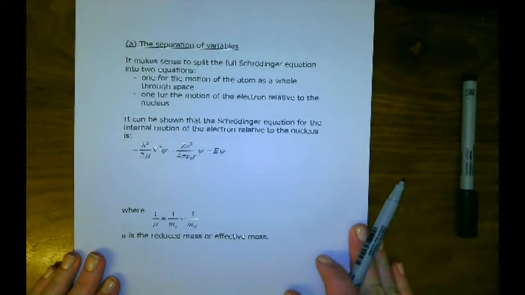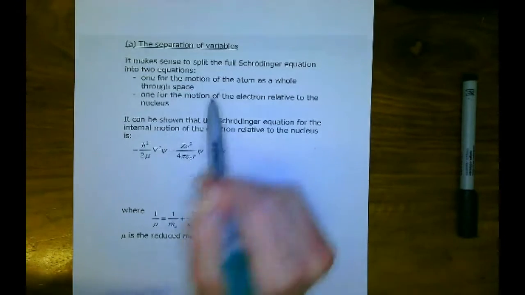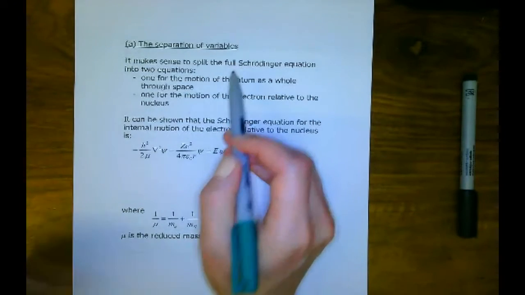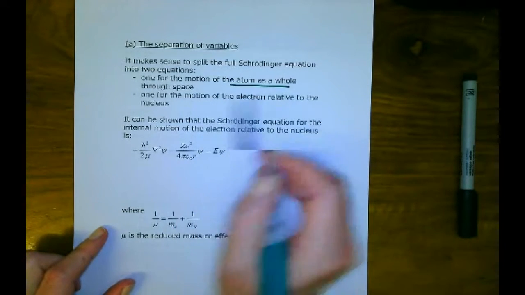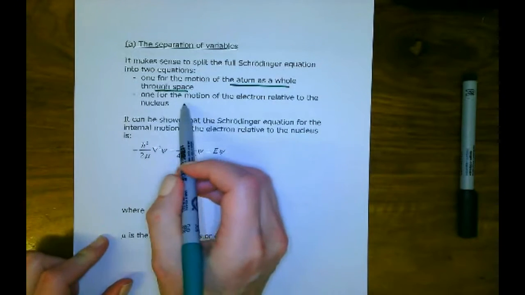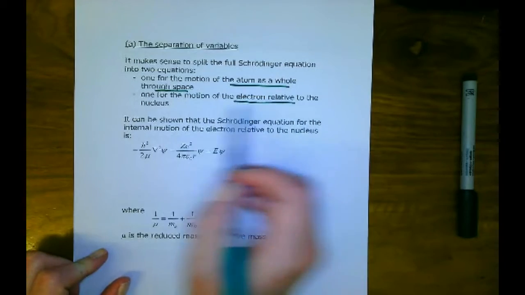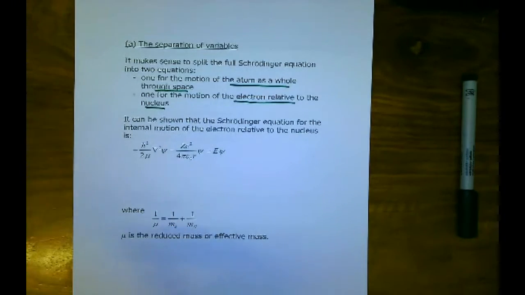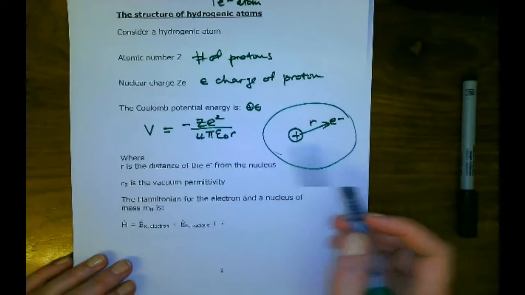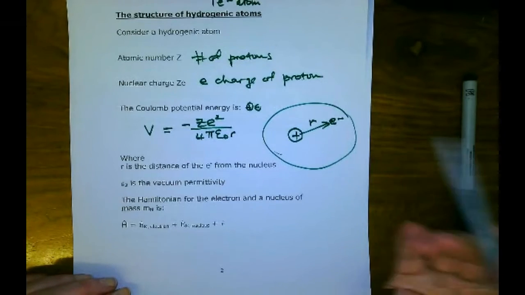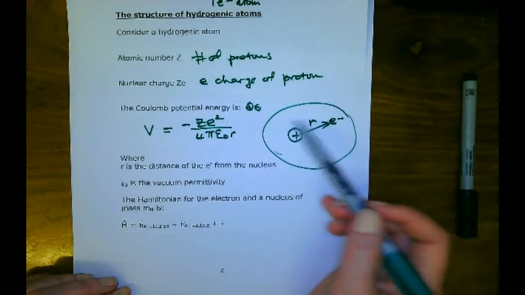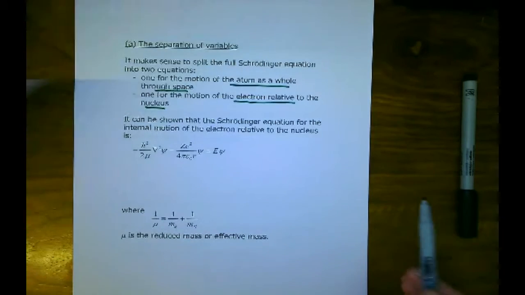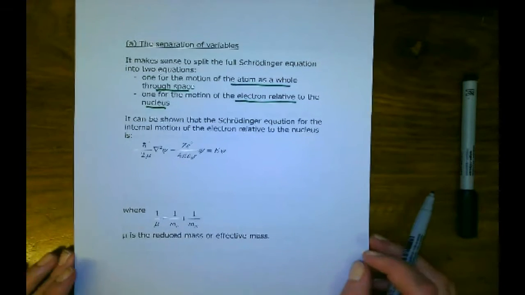But it makes sense to rather split these two movements. So we split the motion of the atom as a whole through space and the motion of the electron relative to the nucleus. At this stage, we've looked at translation already, so we're only going to consider a stationary atom and look at the movement of the electron around the nucleus.